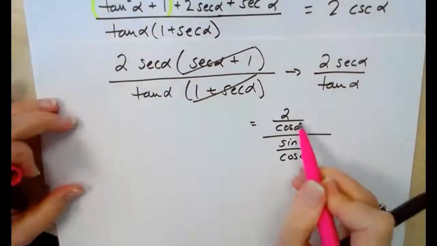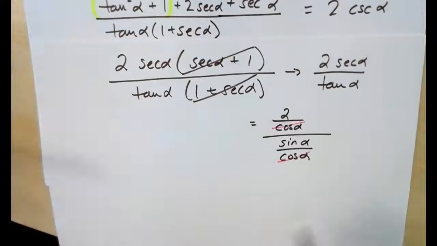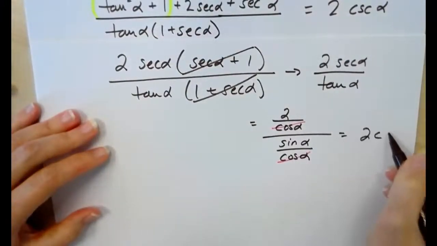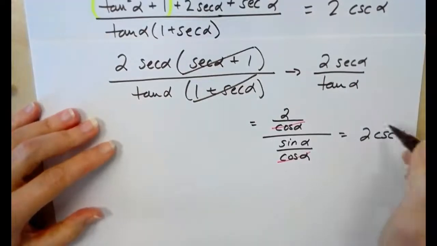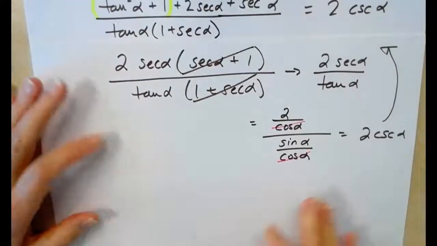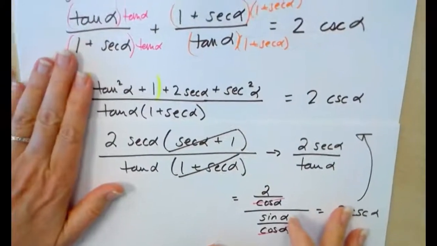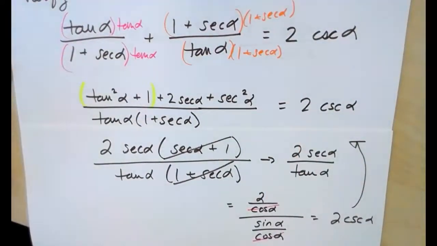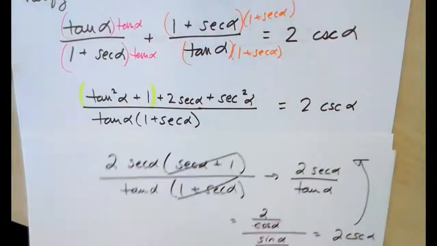Now we can cancel those denominators, and we're left with 2 over sine, and of course 2 over sine is the same thing as 2 cosecant alpha. So there we go. That took us all the way back to what we wanted, 2 cosecant alpha. That is a solid problem right there, mathematicians.